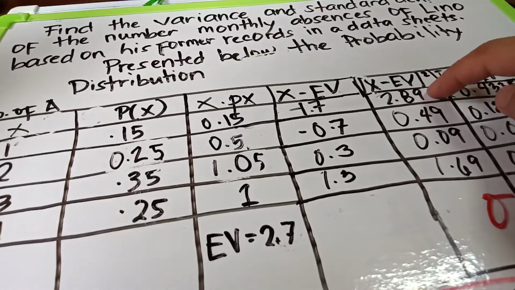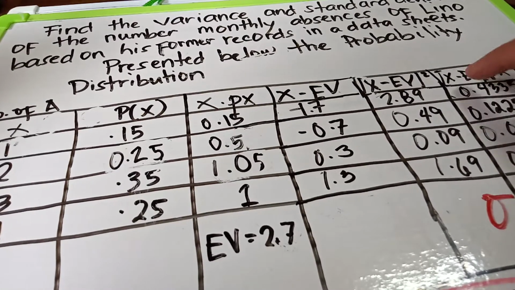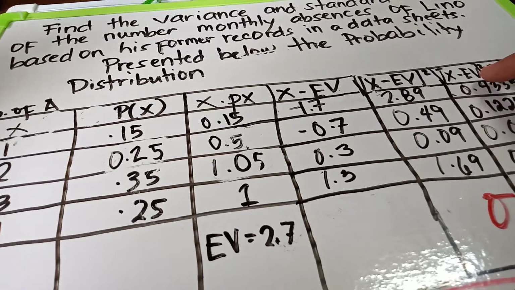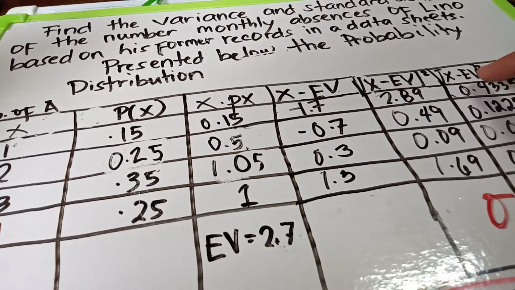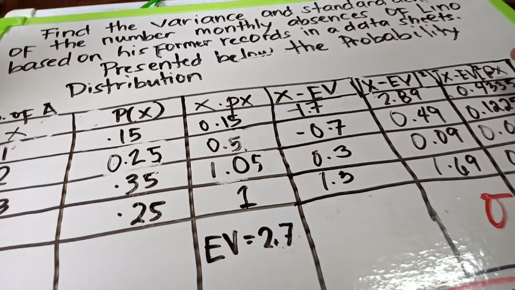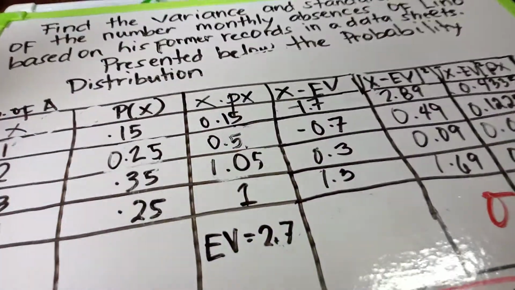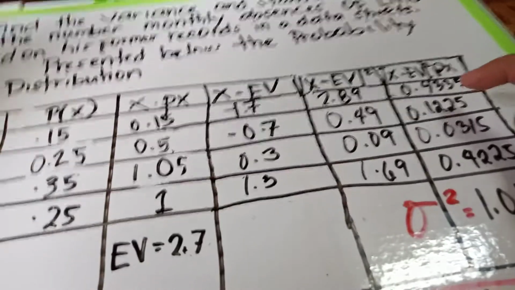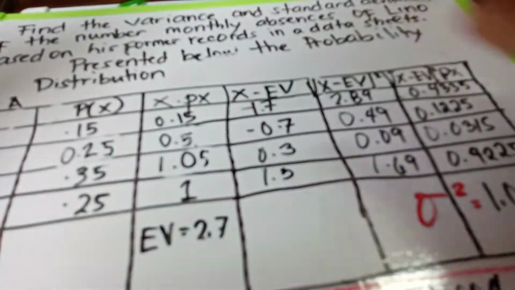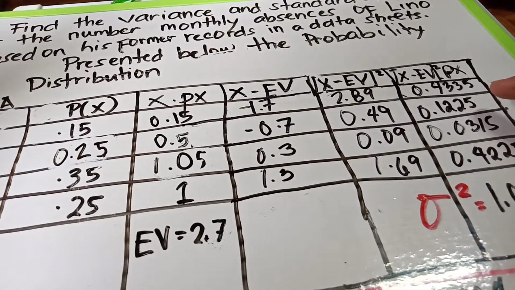Now we multiply to get the summation of (x minus the expected value) squared times p(x). 2.89 times 0.15 is 0.4335. 0.49 multiplied by 0.25 is 0.1225.